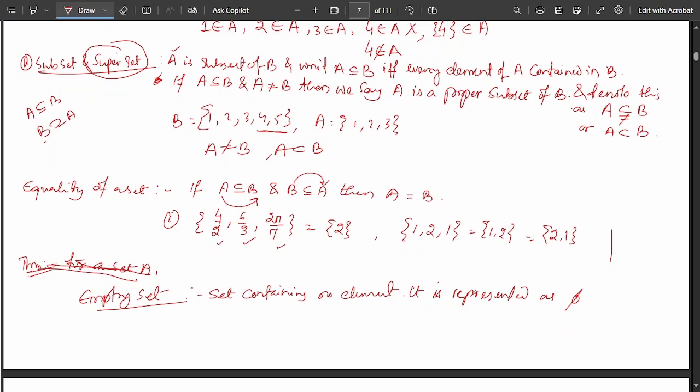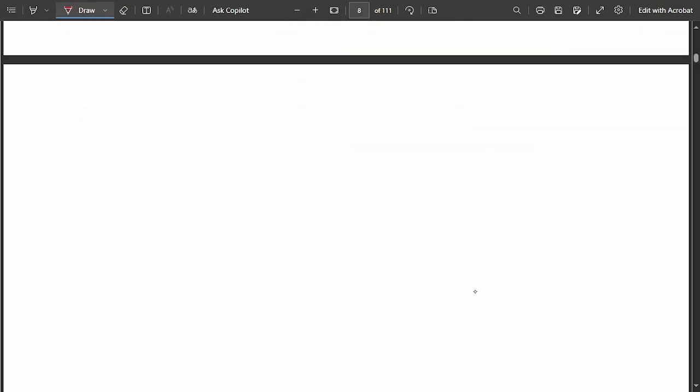So let's come to the theorem. For a set A, A is a subset of A and phi is also a subset of A. So let's start the proof.